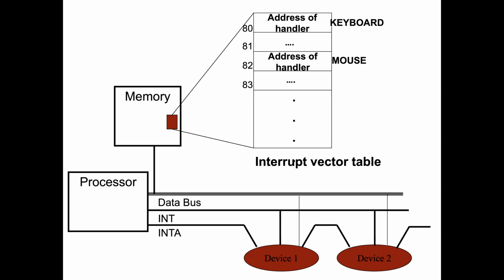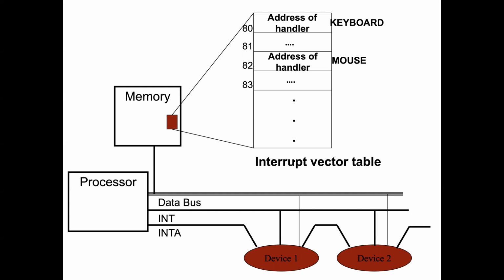That's going to be set by the OS initially, and this will contain the address handlers for our external interrupts. So whenever a device doesn't know where in memory its handler code is, it can simply refer to the table entry that contains that address.